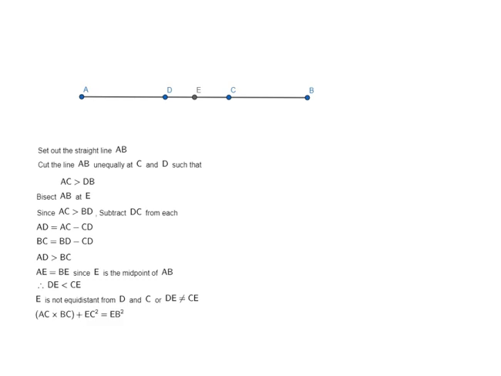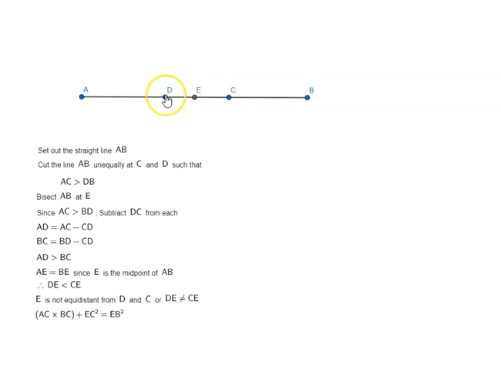Now going back to book 2, one of the propositions says if a line is cut into two equal parts and two unequal parts, then AC by BC plus EC square is equal to EB square.